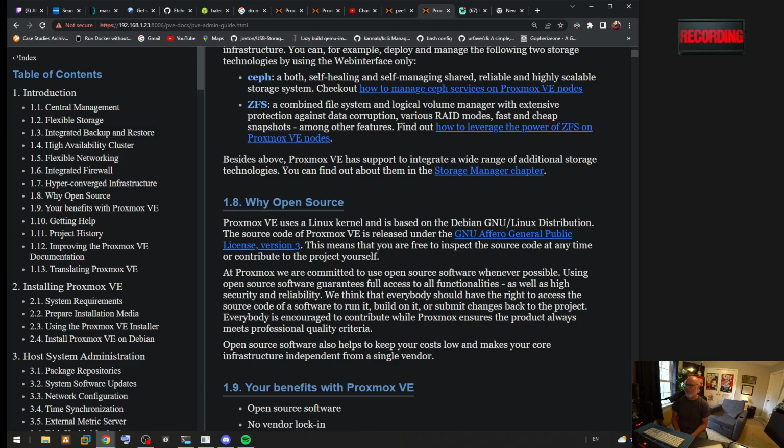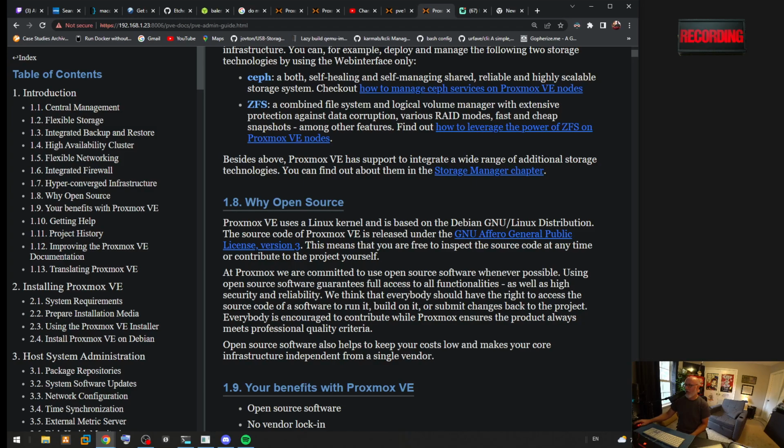That's important, right? Because even in your home lab, you wouldn't want to be working on something that might be proprietary, that you might want to release on your own terms, and then have somebody come after you once it blows up and say, well, you developed that on a Proxmox home lab, so you need to release it in open source. I don't think that applies here.